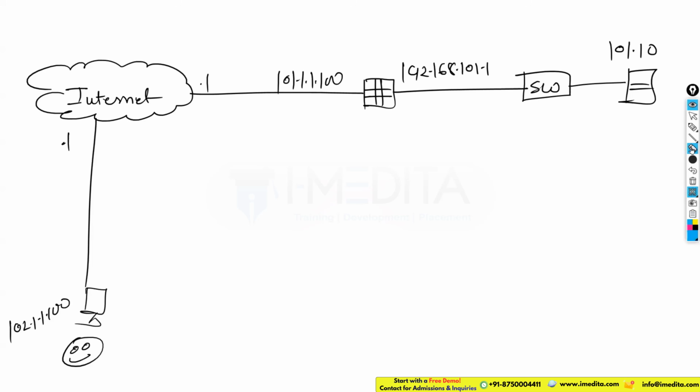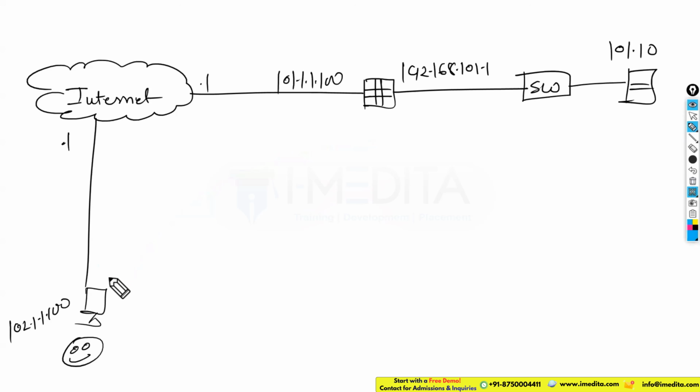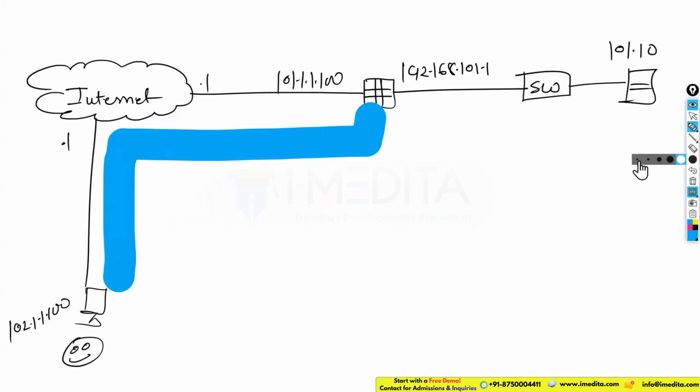Then we will configure a VPN between the PC and the firewall. Using this VPN, the user will send traffic to the firewall and then it will communicate with internal resources.